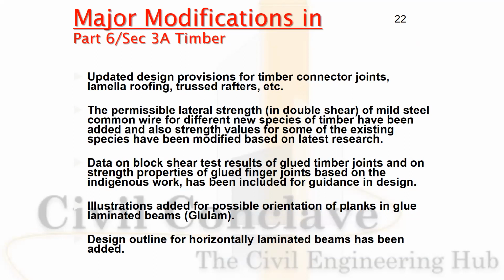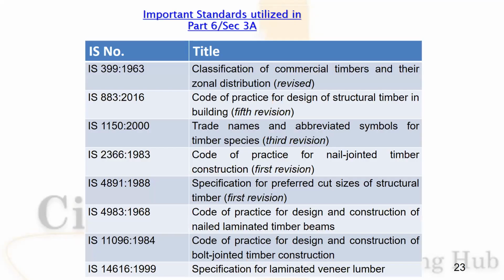Data on block shear testers for glued timber joints and on strength properties of glued finger joints based on indigenous species has been included. Illustration added for orientation of planks in glue laminated blocks. Design outlines for horizontally laminated beams have been added.